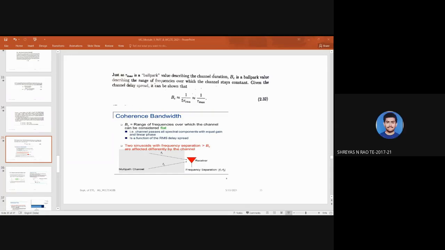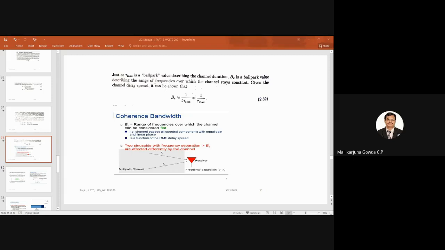Yes, sir. So coherence bandwidth, I repeat once again: it is the range of frequencies over which the channel can be considered flat. The channel passes all spectral components with equal gain and linear phase. Here I have considered two sinusoids from two different paths, with frequency separation greater than the coherence bandwidth.